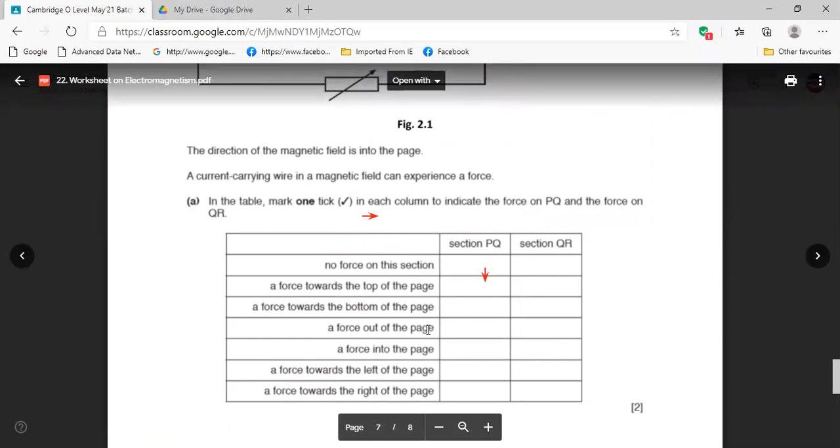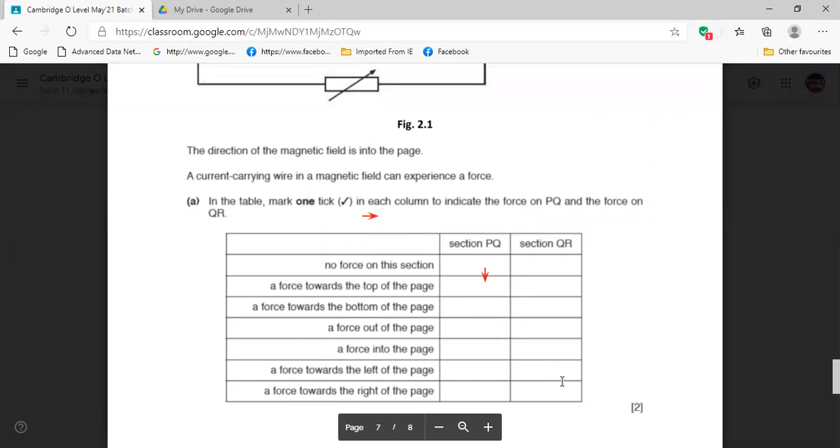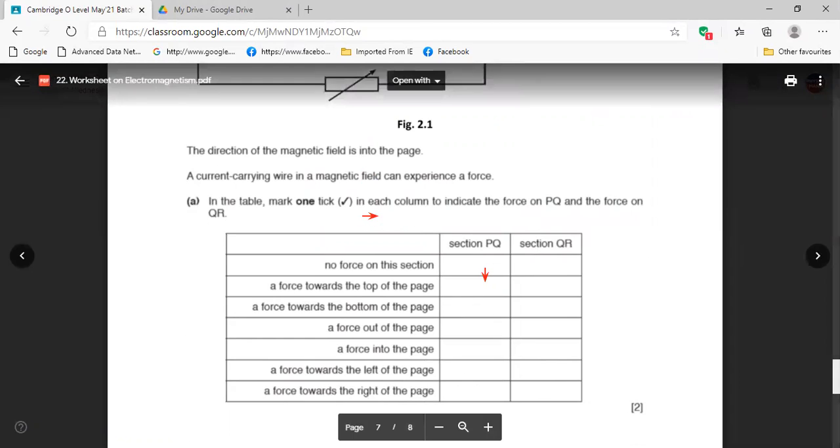For section QR, a force towards the right of the page. So we'll give a tick here and here. Is it clear? So on your copy, write for section PQ, a force towards the top of the page, and for section QR, a force towards the right of the page.